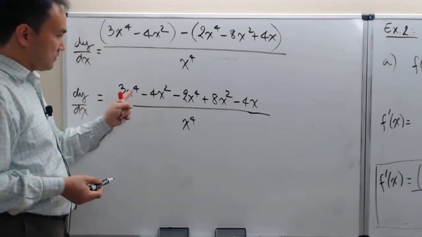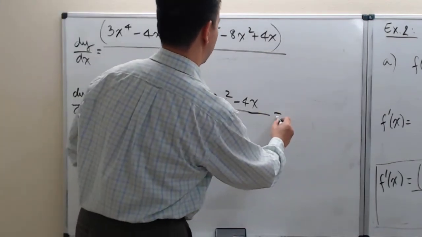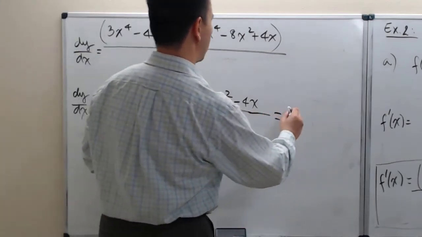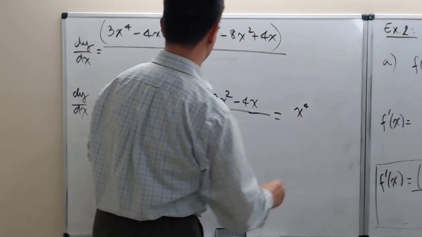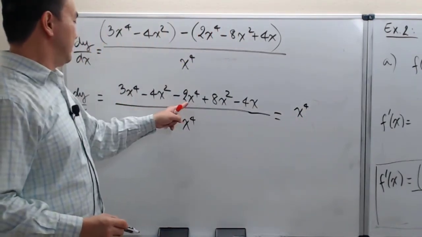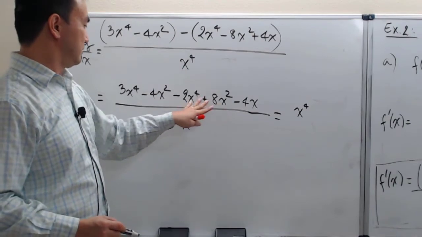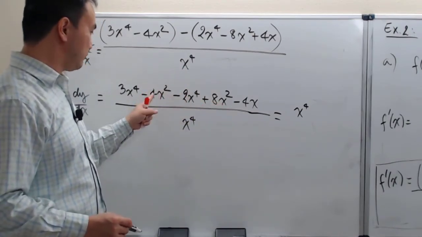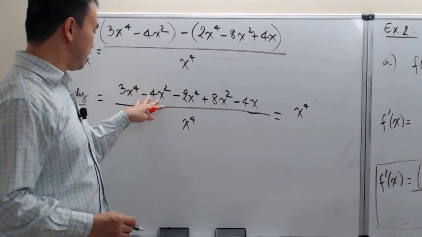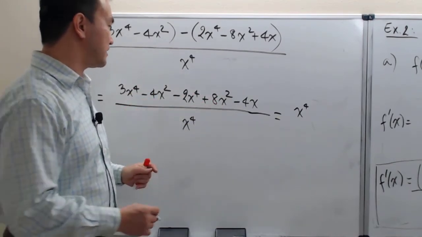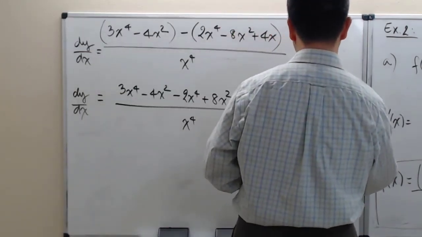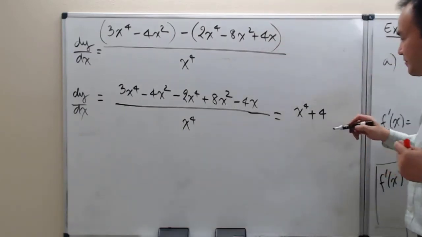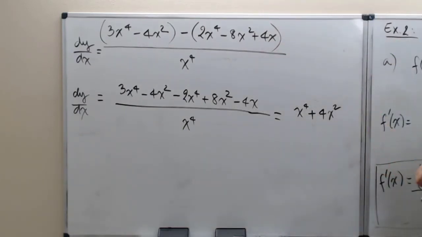Combining these two like terms, we're looking at one single x to the 4th. Now the square terms. Unfortunately, there are no cube terms, so we don't have to worry about that. Minus 4x squared combined with 8x squared gives plus 4x squared.